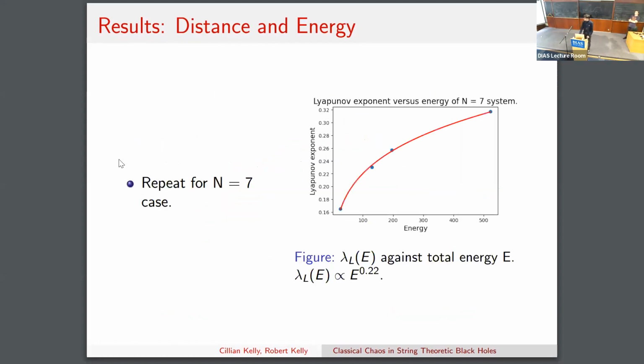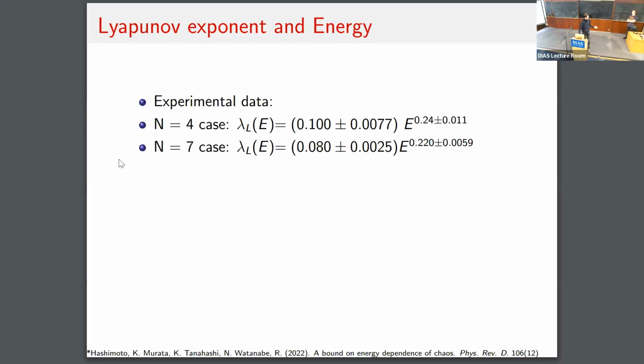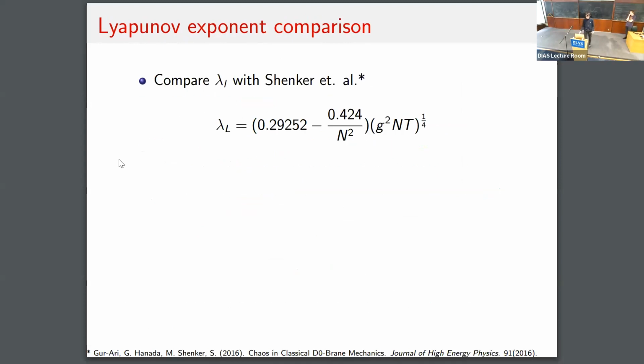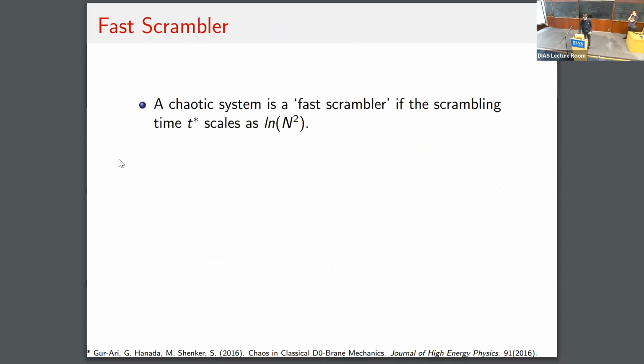It has been found, as Killian mentioned, that black holes are fast scramblers, so we want to see if our system of zero branes retains the fast scrambling nature of chaotic systems. In order to find that the zero brane system is fast scrambling, we just have to see that the scrambling time, which is the time it takes for the distance between the two states that we're simulating to saturate, scales as log n squared when we change the number of zero branes that we're simulating.